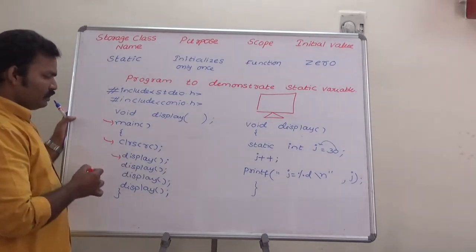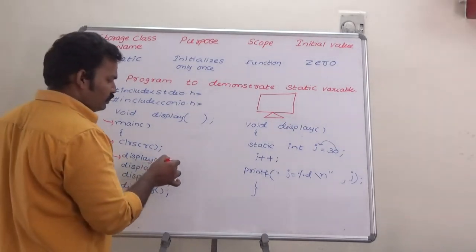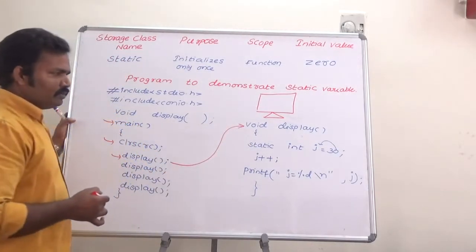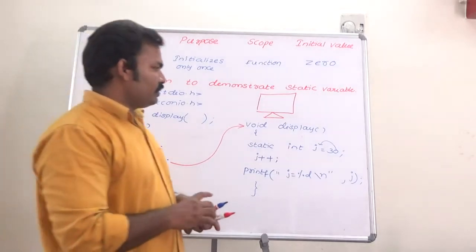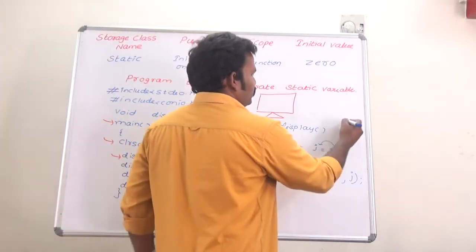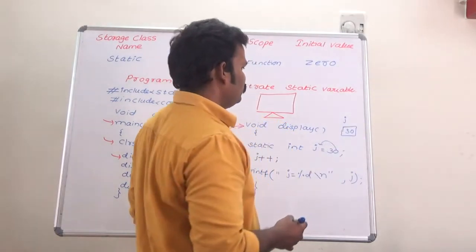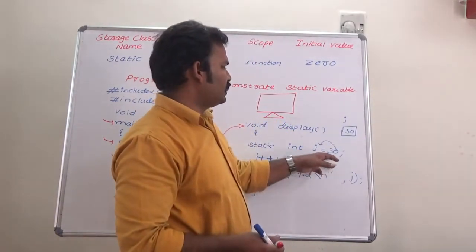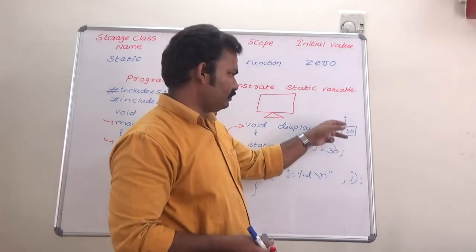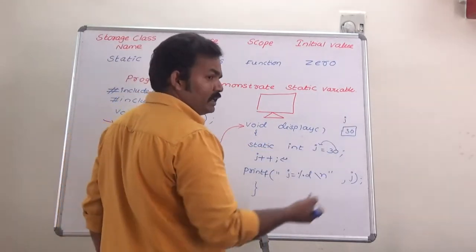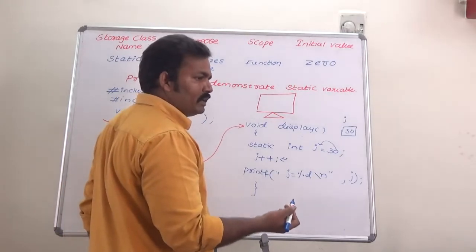Next, the function call. Whenever execution control encounters a function call, it is transferred to the function definition. Here j is initialized to 30, so 30 is stored in the j variable. Then j plus plus increments the j value by 1.